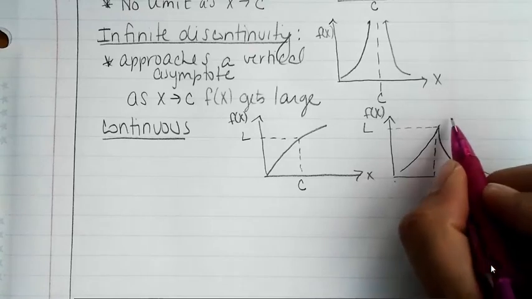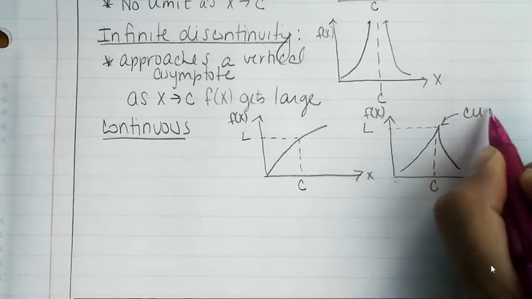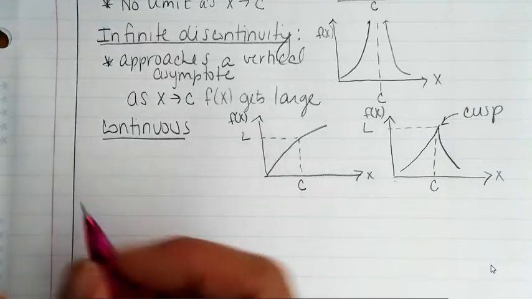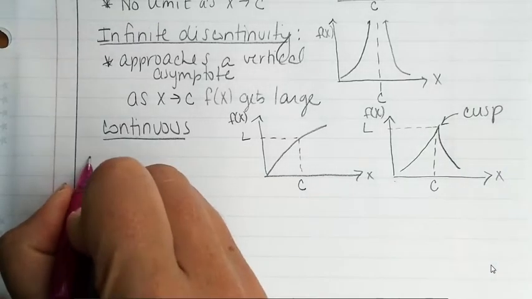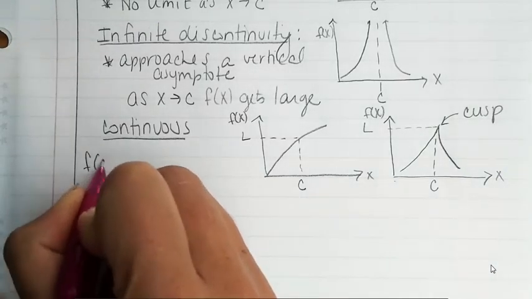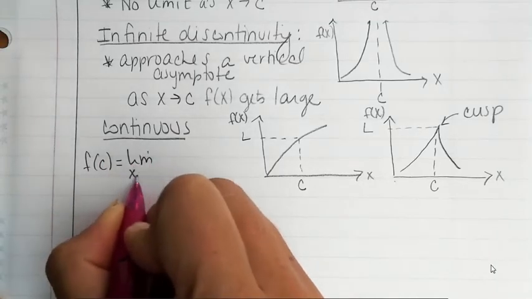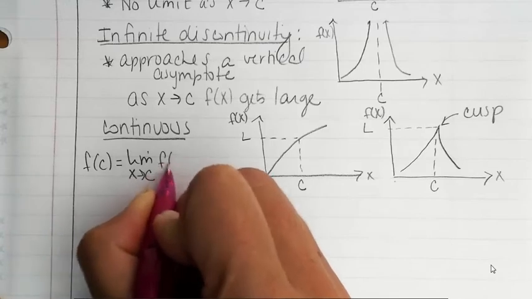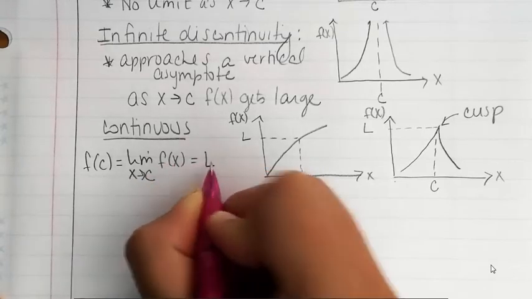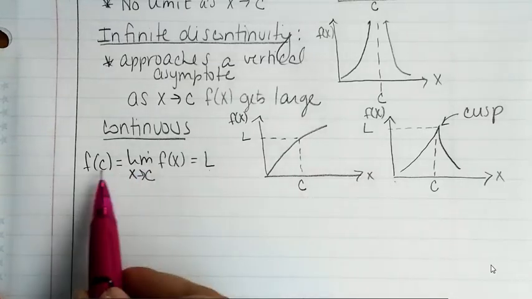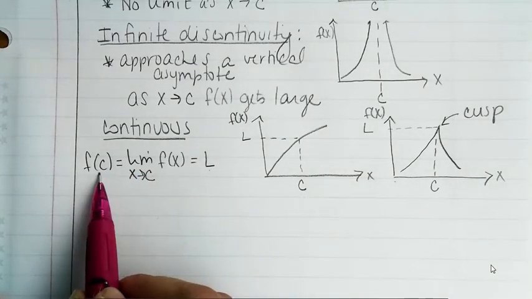We call this point right here a cusp, and I'll get into that in a couple of minutes. But we can say that f of C will equal the limit as x approaches C of f of x, and that's going to equal L. So your limit is basically your function evaluated when you plug C in.